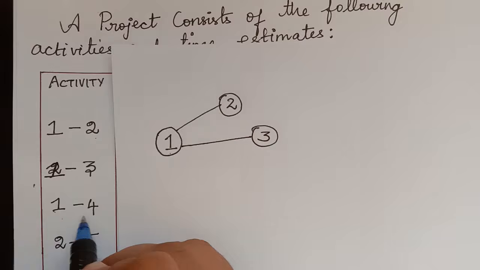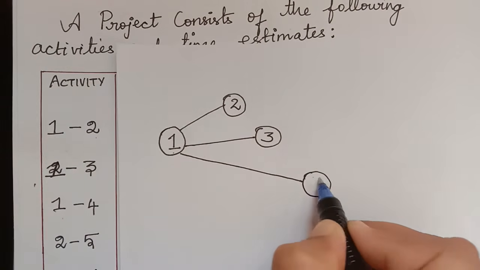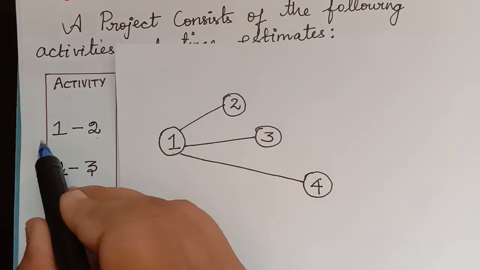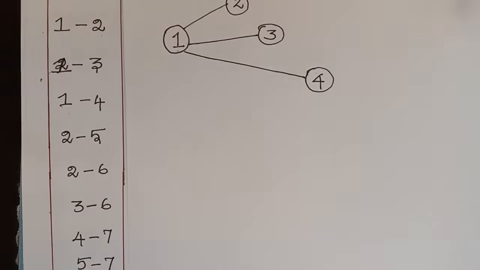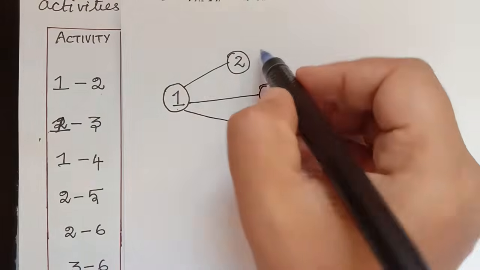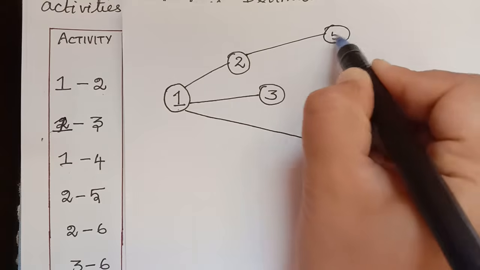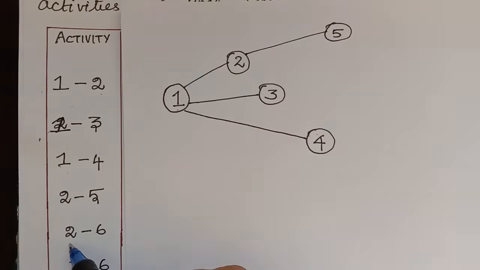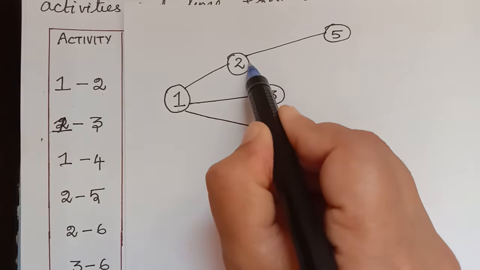And the next activity is 1 to 4. So I'll draw it here. So 1 to 4. So we have completed these 3 activities. The next activity is 2 to 5. So let us draw that here. So I'm drawing an activity 2 to 5. And then we have the activity 2 to 6. So it's again emanating from 2.